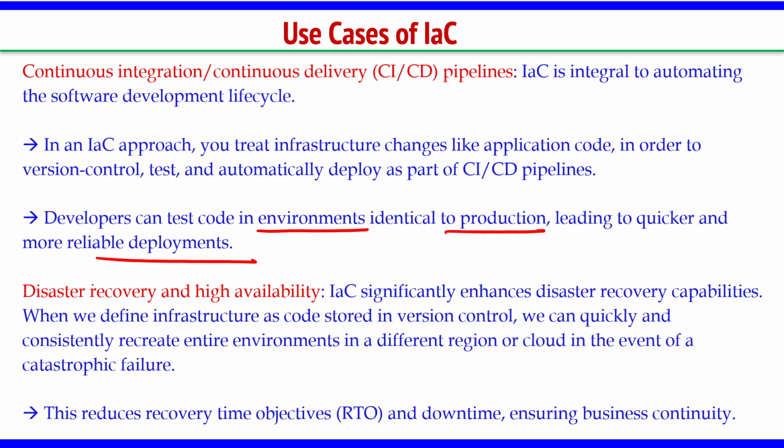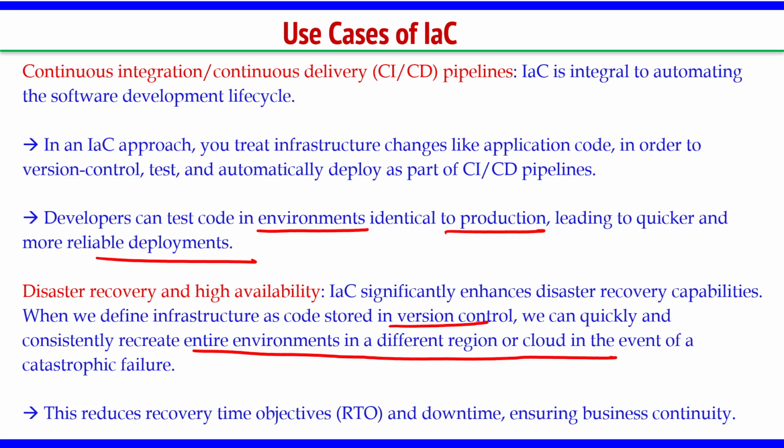And the next one is disaster recovery and high availability, right. How does this IaC help us? IaC enhances disaster recovery, right. See, when we define infrastructure as code stored in version control, we can quickly and consistently recreate entire environment in a different region or the cloud, because I already have the instructions written as a script which I use to set up an environment.